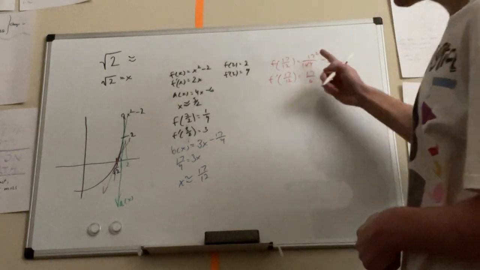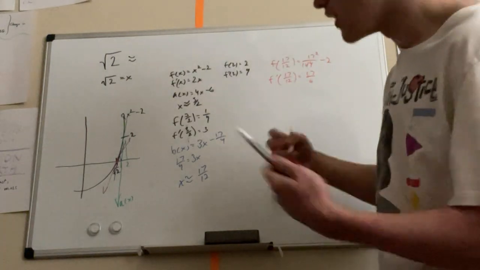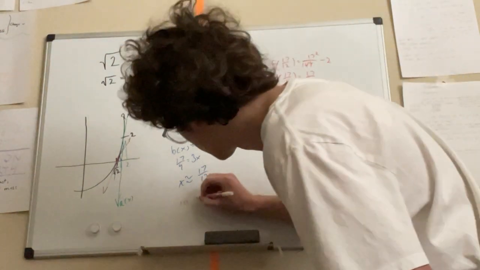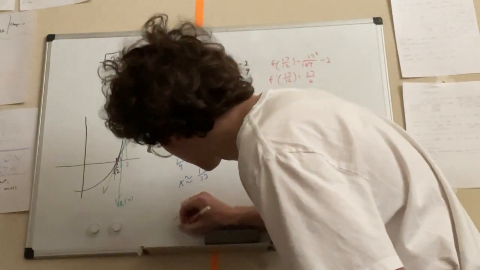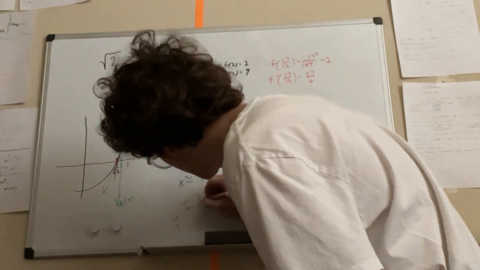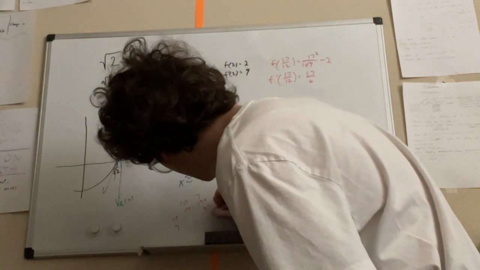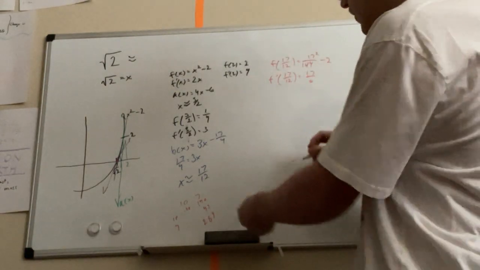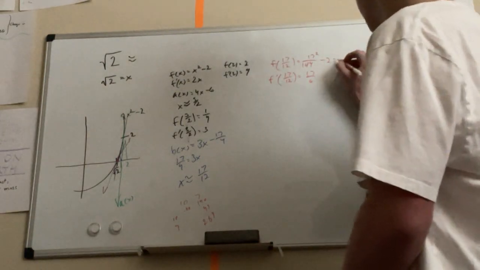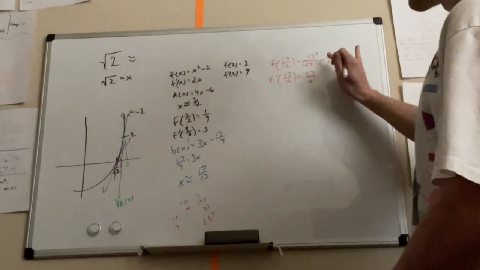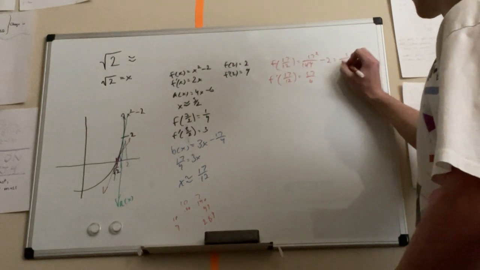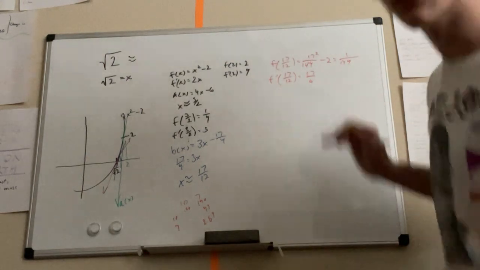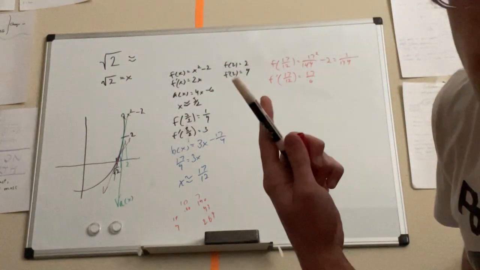And I hate having this number up here like this, so I'm going to just work out what 17 squared is. Okay, yeah, my bad. It's 289. So 289 minus 288, that would be 1/144. So 1 over 144.